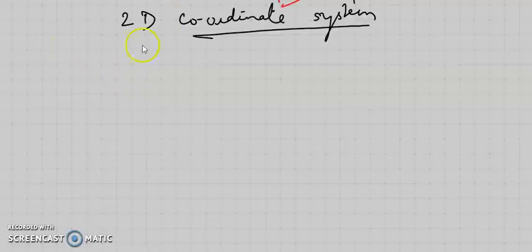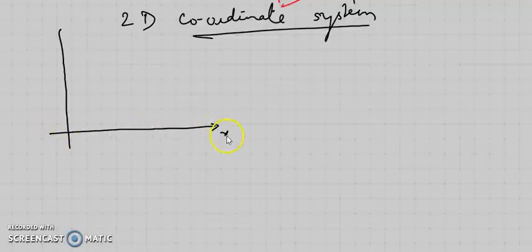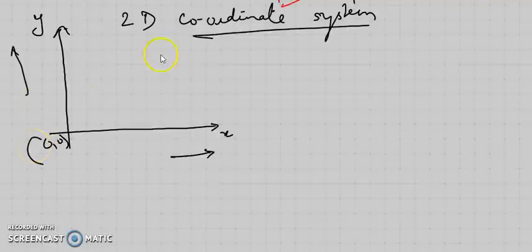So this is x and this is y. This is your origin, that's 0, 0. As you go this side, x increases from left to right. As you go up, your y increases from bottom to top. So this is nothing but your 2D coordinate system.